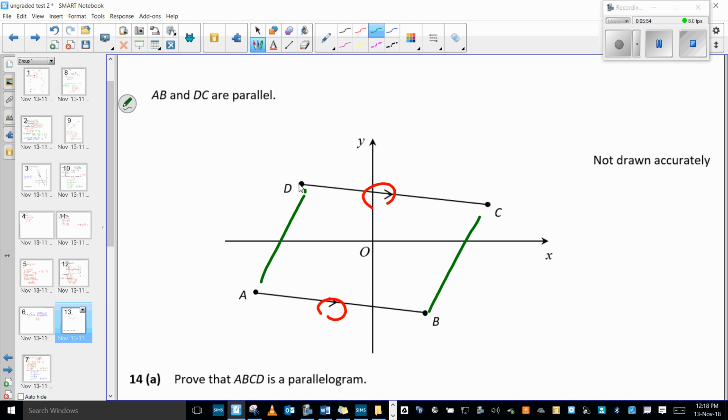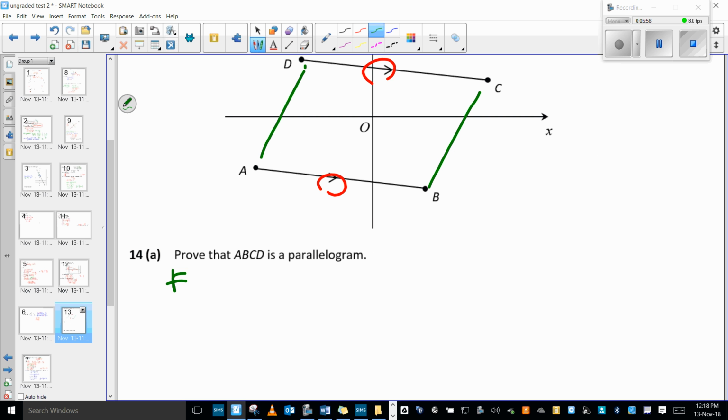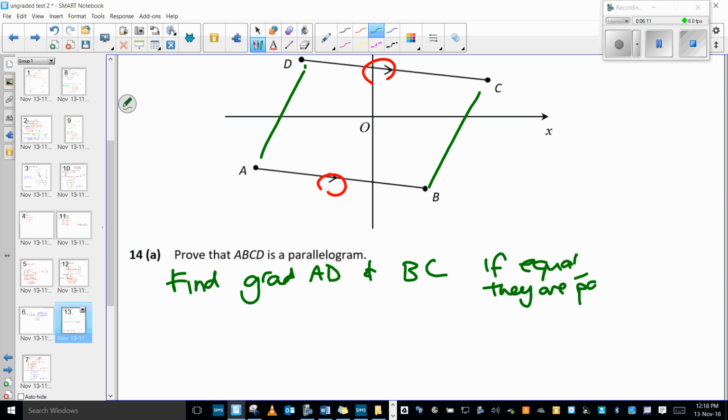And if they are equal, they are parallel. Therefore, it is a parallelogram. Okay, you've got to make these kinds of statements in order to gain full marks.